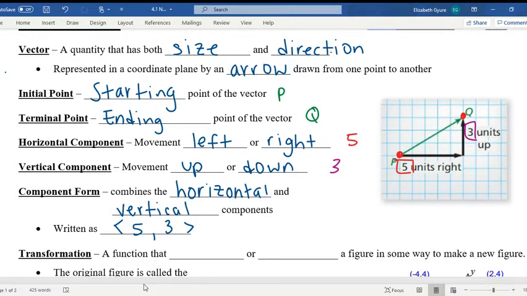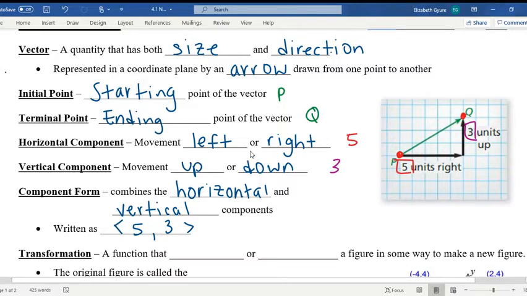Negative numbers mean it's going down or left. So this component form would literally mean, whatever point you have, move it 5 units to the right and 3 units up. If it had a -1 and a -3, that would mean move it 1 unit to the left and down 3 units.